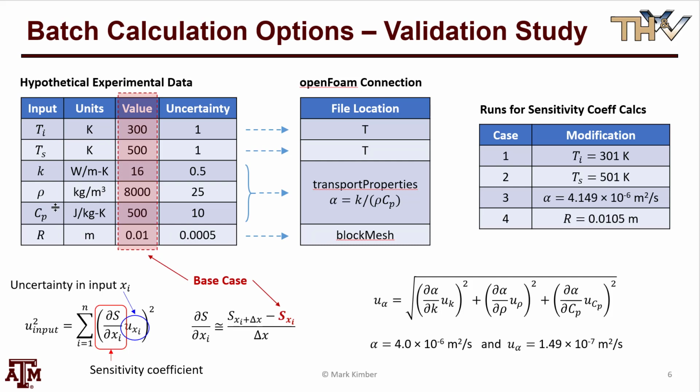So we've got 1, 2, 3, 4, 5, 6. We've got 6 input parameters, but in reality we only have 4 because these 3 get combined into a single parameter known as the diffusivity.